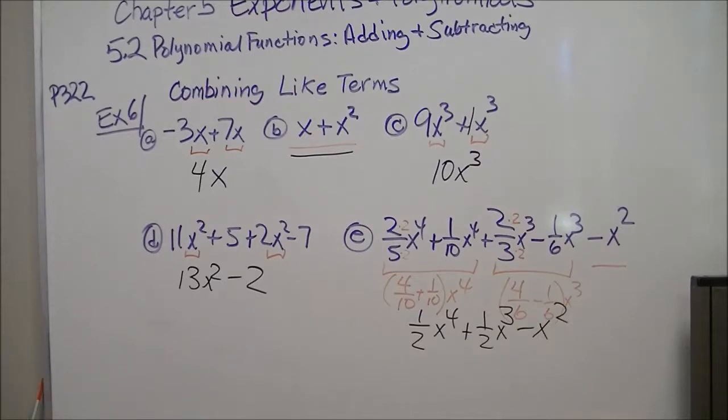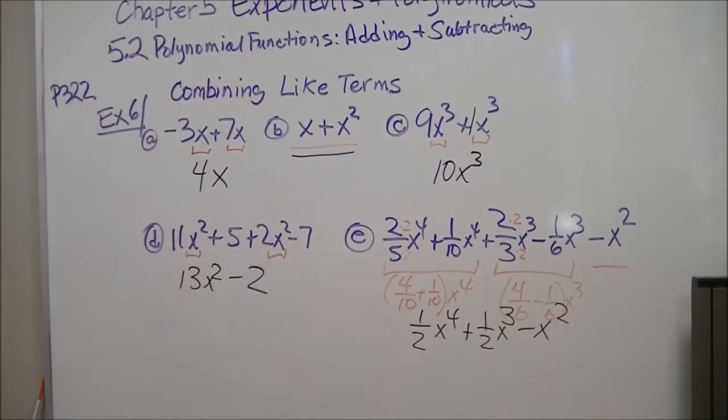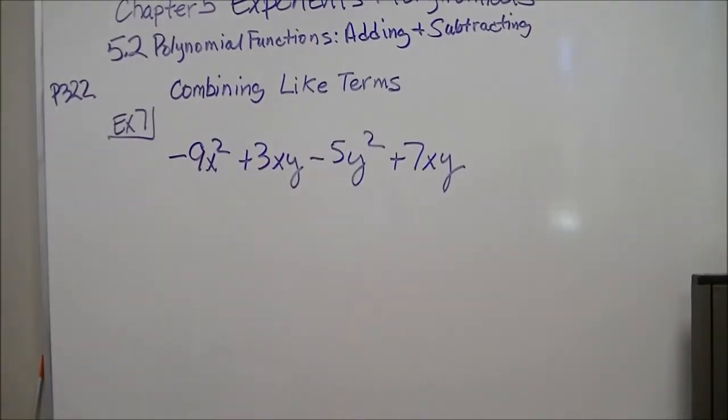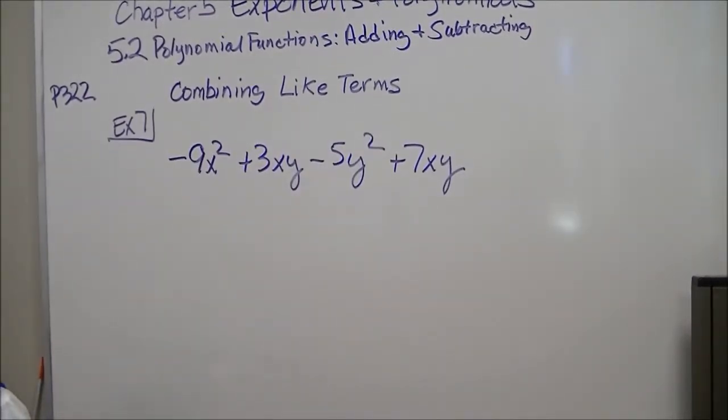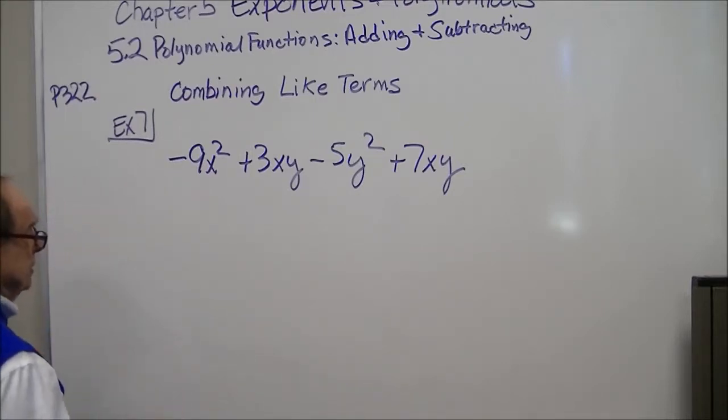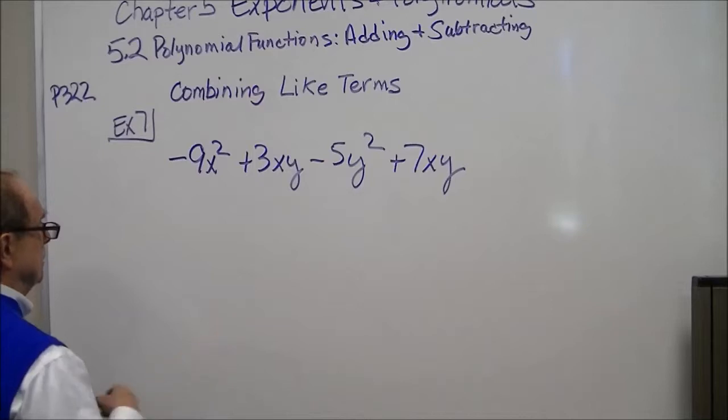So you'll be using some of your technique from earlier chapters, if you're dealing with fractions, to get equivalent fractions so you can add them. As we move on to these examples, I'll be giving you a strategy that might be useful a little bit further up our lesson here.